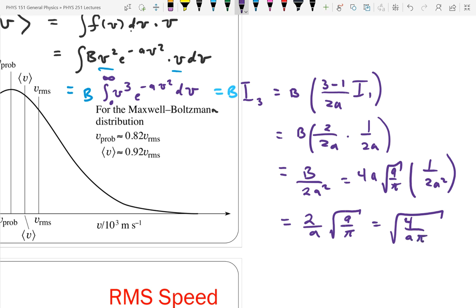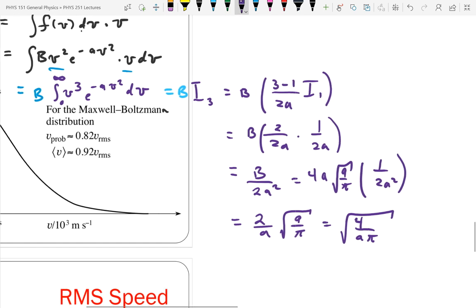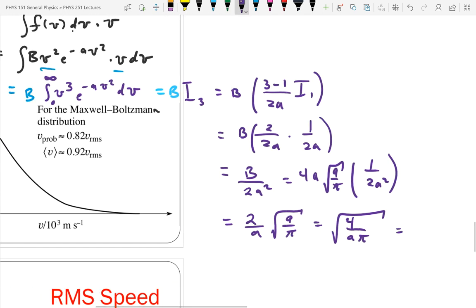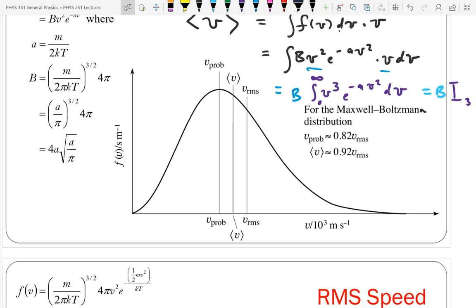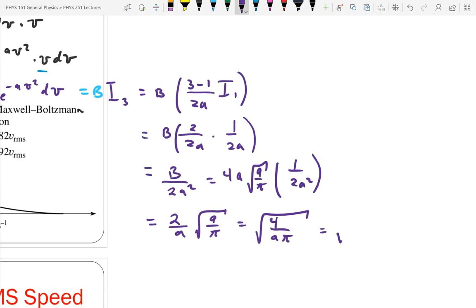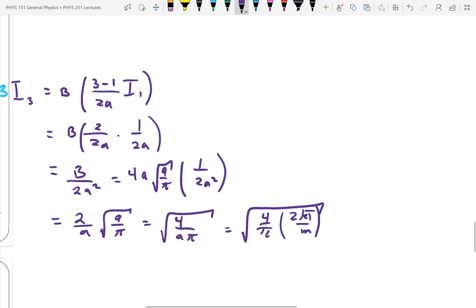So it's square root of 4 over a pi. And then I plug in what a is. I have this on every one, so I won't forget a is m over 2kt. So that's square root of 4 over pi times 2kt over m. And so there is our equation for the average speed.